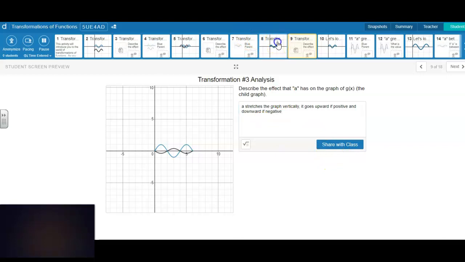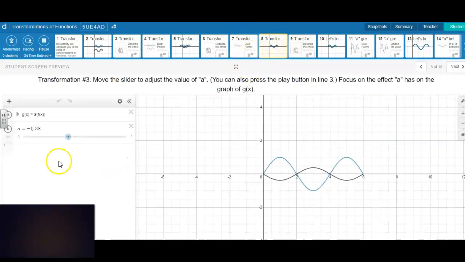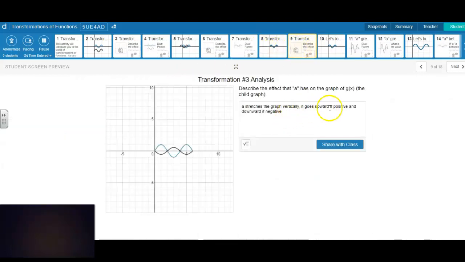Let's go back to the original graph. What if it's between 0 and 1? Let's say it's 0.2. So there's the original. It goes down. It's still above the x-axis, but it goes down. So going back to the statement we were just writing, it goes up if greater than 1.